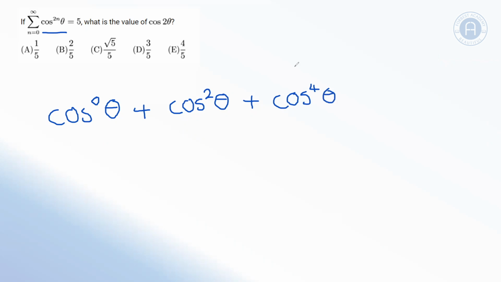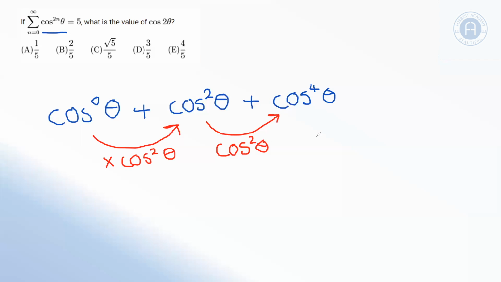We should be able to recognize at this point that our series is advancing by multiplying by cos squared theta after each term. So cos to the power of 0 multiplied by cos squared theta gives me cos squared theta. Cos squared theta multiplied by cos squared theta gives me cos to the power of 4 theta.